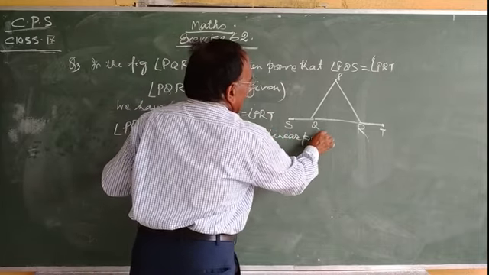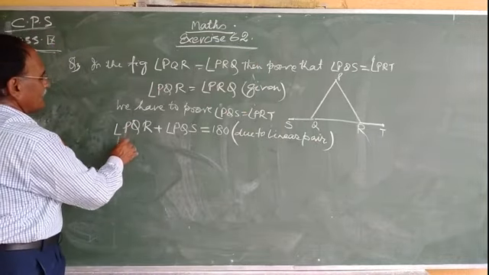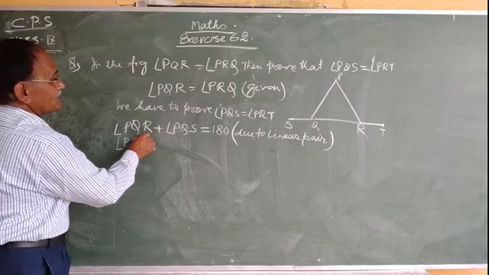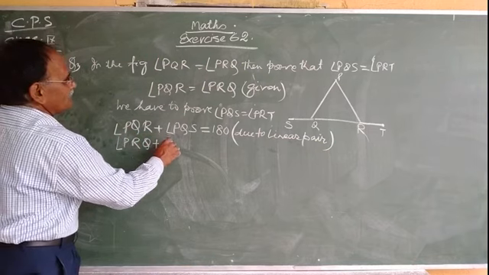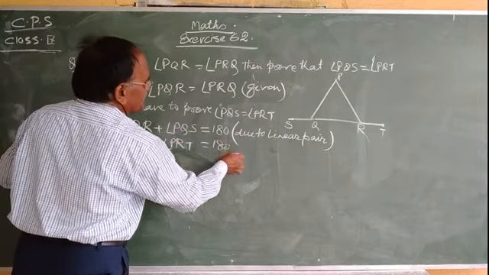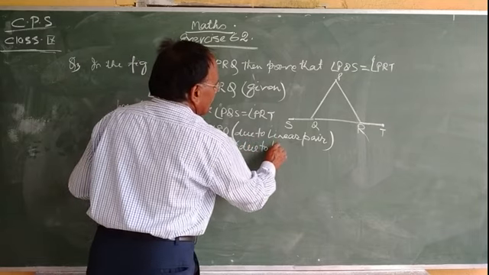And again, angle PRQ plus angle PRT is equal to 180 degrees, and this is also due to linear pair.